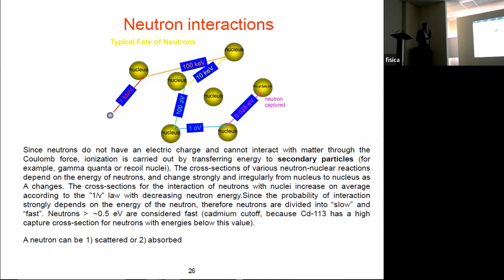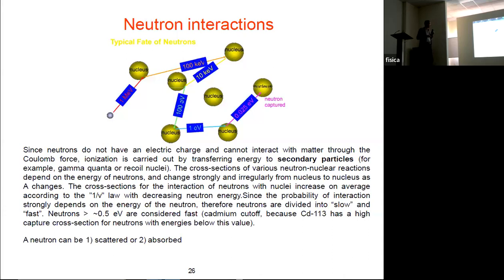The first object it meets is a nucleus of the surrounding material. The neutron can scatter off this nucleus and start moving forward. Then it finds a second nucleus, scatters, transfers some energy to the nucleus one more time, and finally it should be captured.